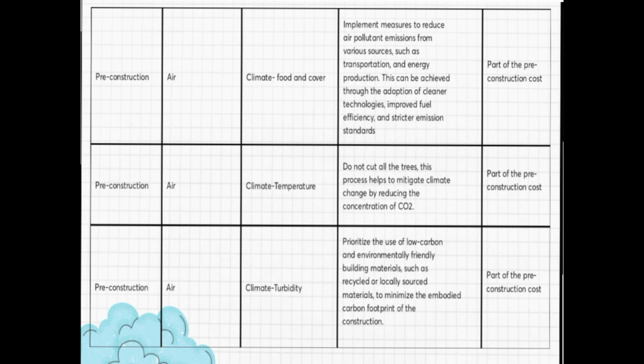And the third is the same, air, and then the predicted impacts, climate, and under the climate is turbidity. And the mitigation for that is prioritize the use of low carbon and environmentally friendly building materials such as recycled or locally sourced materials to minimize the embodied carbon footprint of the construction, and part of the pre-construction cost.